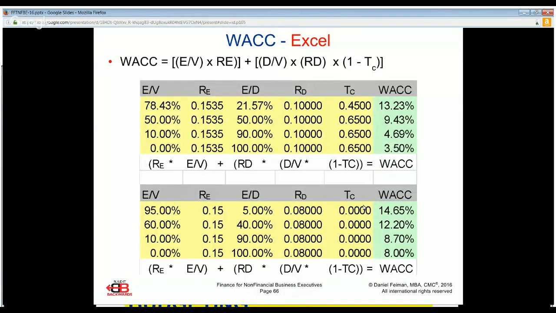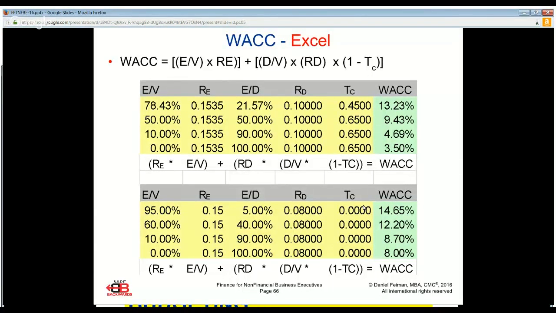Well, 1 minus 0.45 is 0.55. The net cost of our debt is only 5.5%. So 21.57% of our capital is debt at 10% before tax, at 5.5% after tax. That becomes the second element.